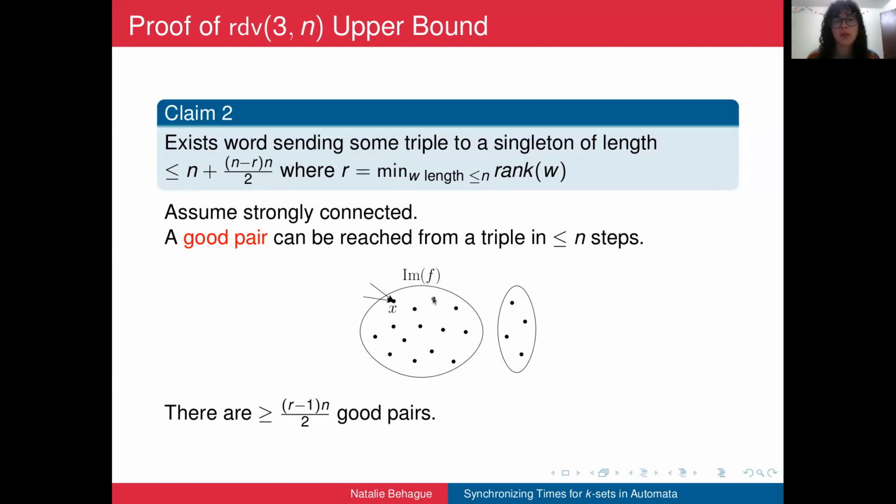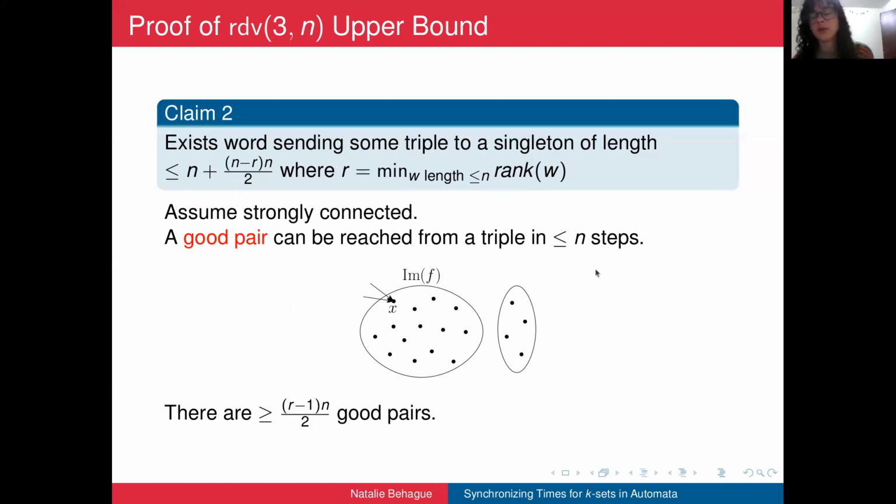And we also know that word has rank at least R, so that tells us there are at least R minus 1 good pairs containing that state Y. And that's true for every state of the automaton. So if we sum all of those up, every state is in at least R minus 1 good pairs. We might have double counted because we may have counted, say, pair XY and YX twice. So we know that there are at least (R minus 1) times n over 2 good pairs.